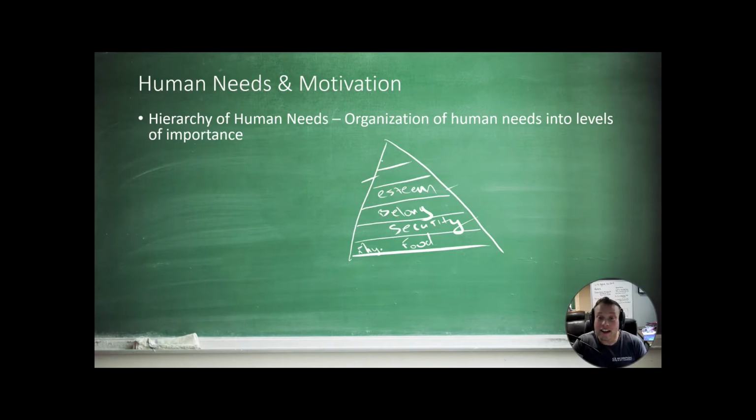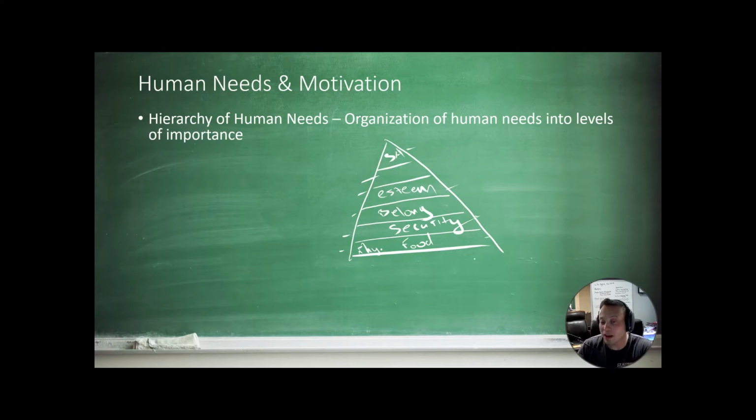And then finally, the self-actualizing. This is the idea that we are doing what we were meant to do, right? We get to the point where we are fulfilling our purpose in life. That is the self-actualizing. And so what this means is learners will try to satisfy these needs, and they will be motivated to satisfy these needs.